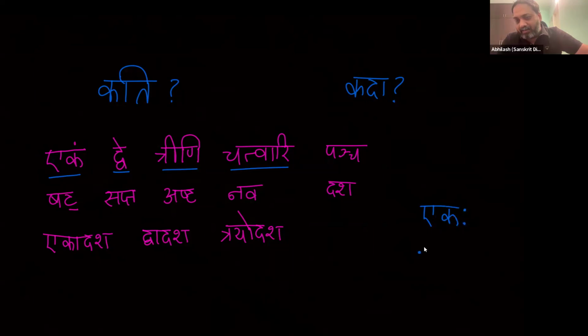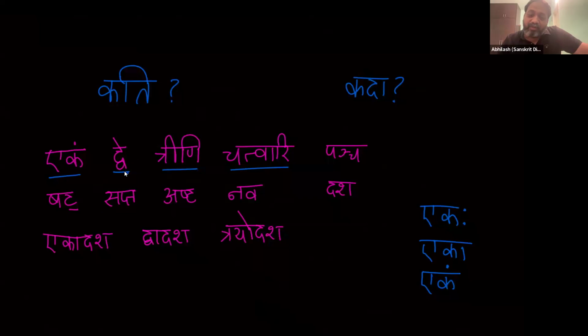Ekah, eka, ekam. If you're saying boys, you would say ekah balakah asti, eka balika asti, ekam phalam asti. Like this, there are 3 words for 2, 3 more for 3, and 3 more for 4, but we'll not go into those because it becomes a little complex.